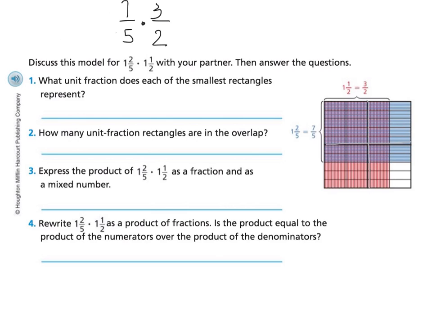As you can see, the red, she divided the squares in half. So here's a half, 2 pieces, and 2 pieces. And then she colored in 3 of them. And hopefully you can see that as the red. 1, 2, 3. Okay. Then she did these in fifths. 1, 2, 3, 4, 5.